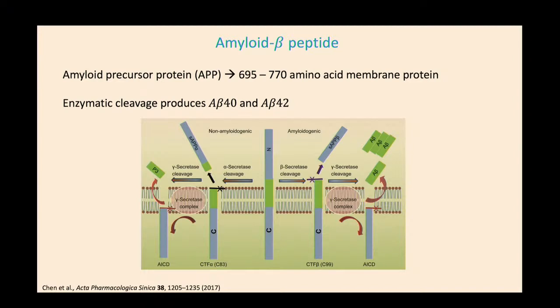Okay, so what you see here is a membrane, and this big stick that you see here, with the N terminal and C terminal, this entire protein is APP. These proteins are subject to enzymatic cleavages through various enzymes. These cleavages are required for normal biological functions, but once in a while there is a mistake at the cleavage point, and that leads to the formation of an amyloid beta monomer, which seems to have some harmful effect.